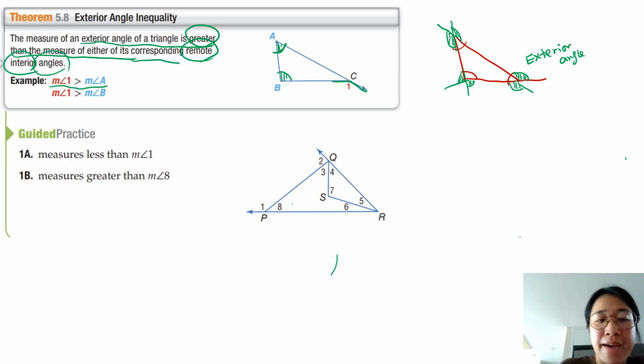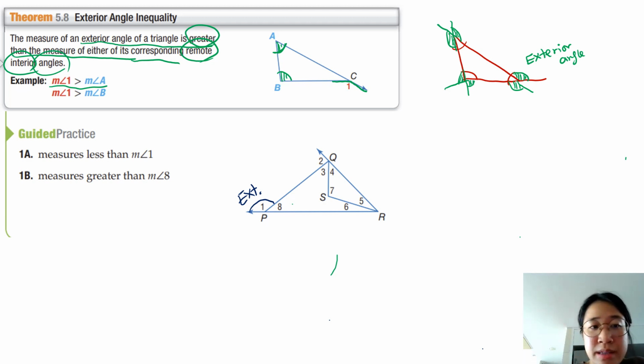In this case, we have the angle A and B. Okay, so let's solve the problem. Find the measures that are less than angle 1. What do we call this? That is my exterior angle of the triangle.